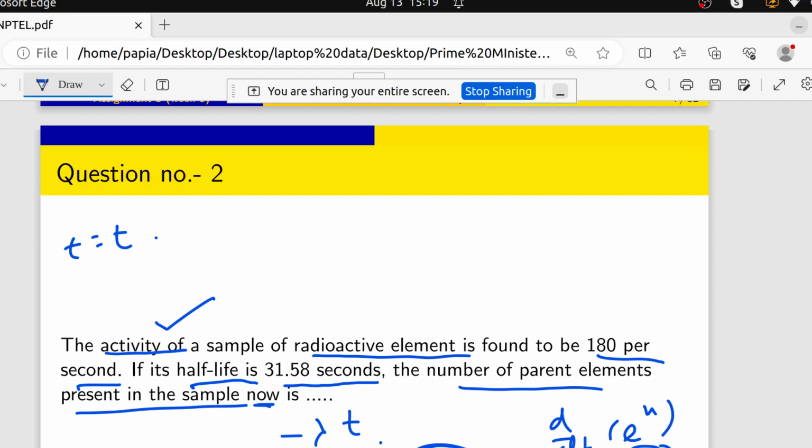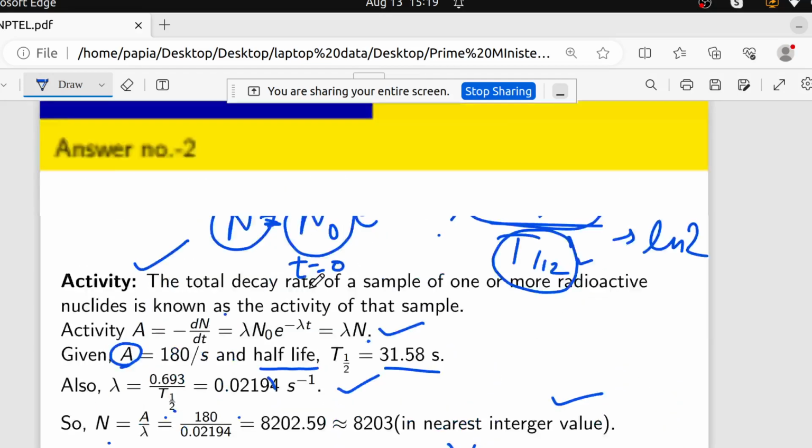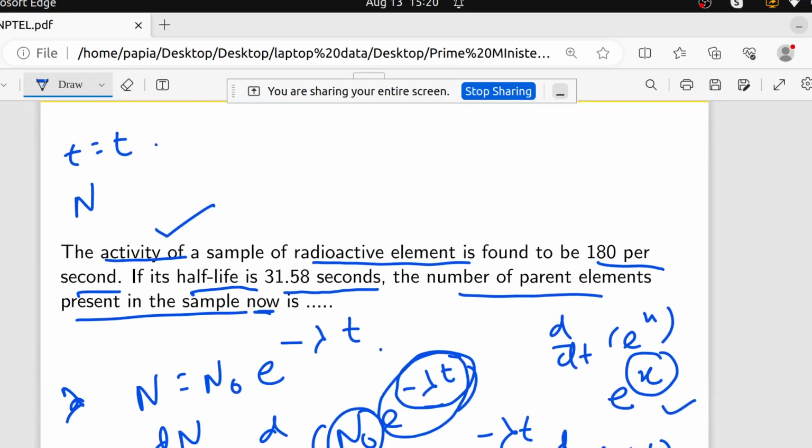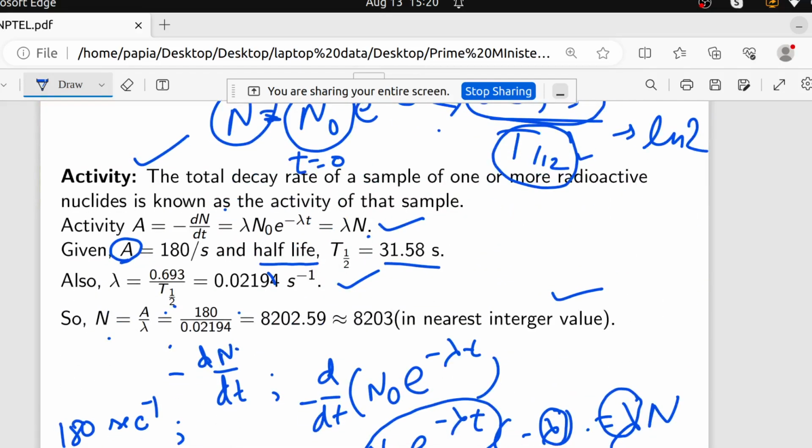So at t equals t, the number of parent elements is nothing but N. Here N is A by lambda, and if I put in the A value and lambda value, we get this. Obviously the number of parent elements will be an integer, which is why we write the nearest integer. The answer comes out as 8202.59, but as the nearest integer it should be 8203.